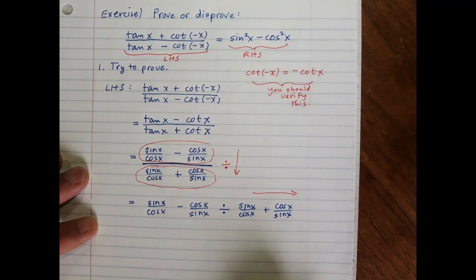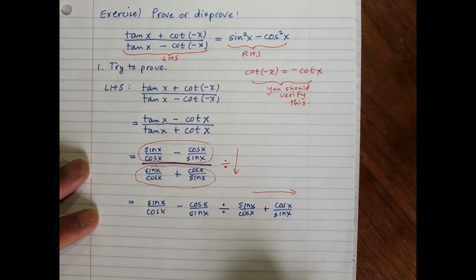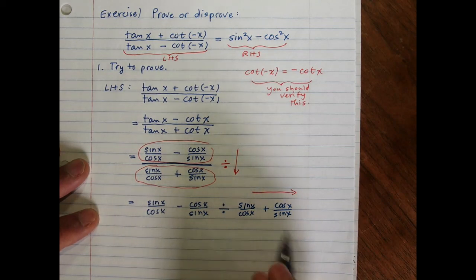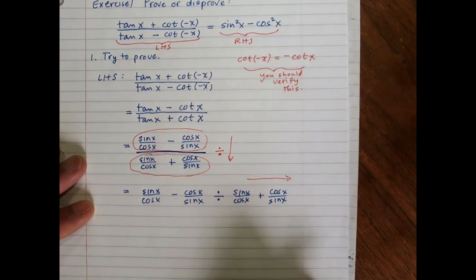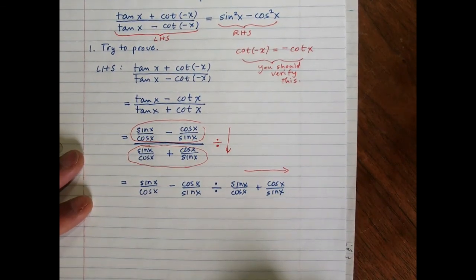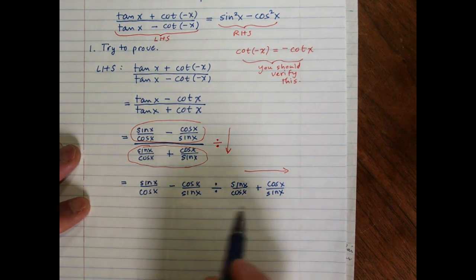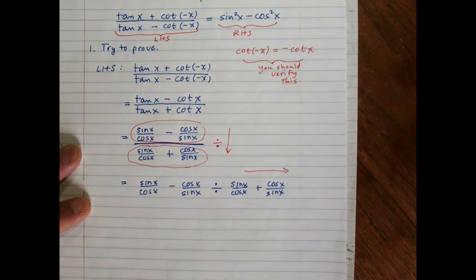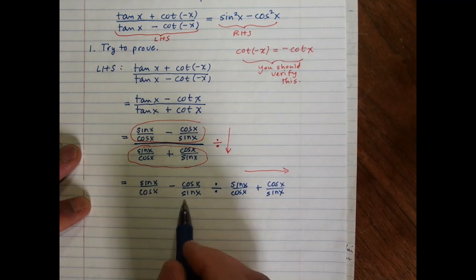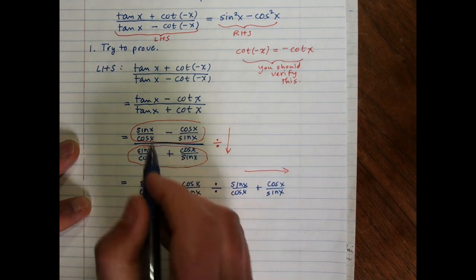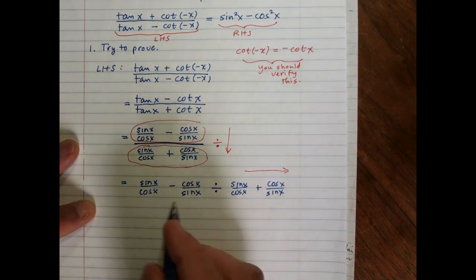Give yourself lots of room, spread out, because I write big and I need lots of room to work through these more complicated problems. Now there's something missing from the way I wrote this, and I'm purposely pausing here to get you to think about it a little bit. There's grouping that's understood in that complex fraction, and I have to indicate it here.